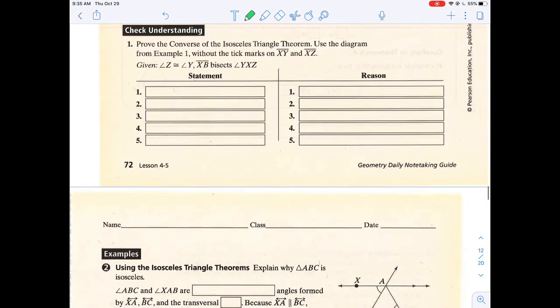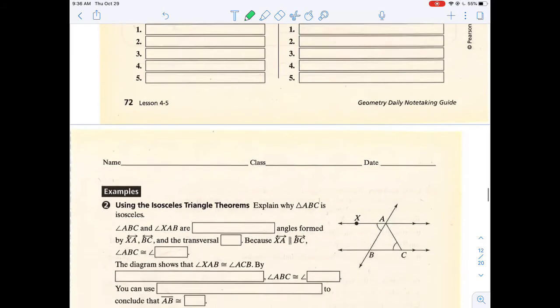Use the diagram from example 1 without the tick mark. So we don't know that those are congruent for sure yet. Okay, so there's 5 steps there. Put your statements and then why you think they're true.